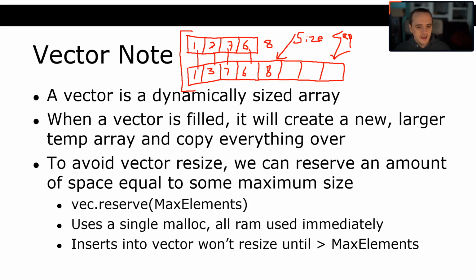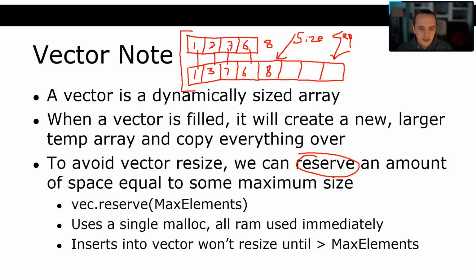To try and avoid or minimize the amount of vector resizings, we can reserve an amount of space equal to some maximum size. So let's say, for example, I know that my vector is going to store at most 1,000 elements, okay? Because I've done some analysis on my program or whatever.